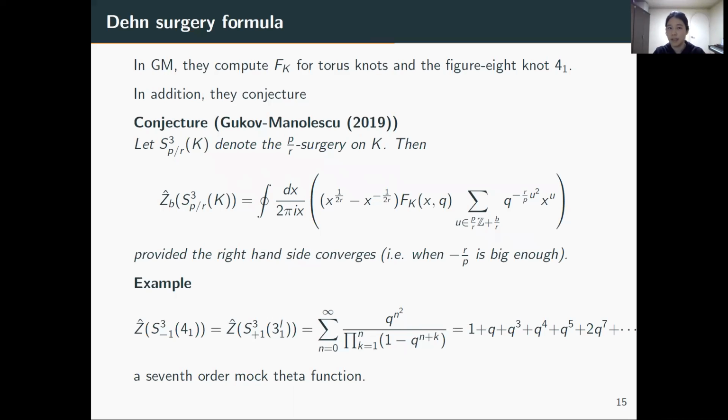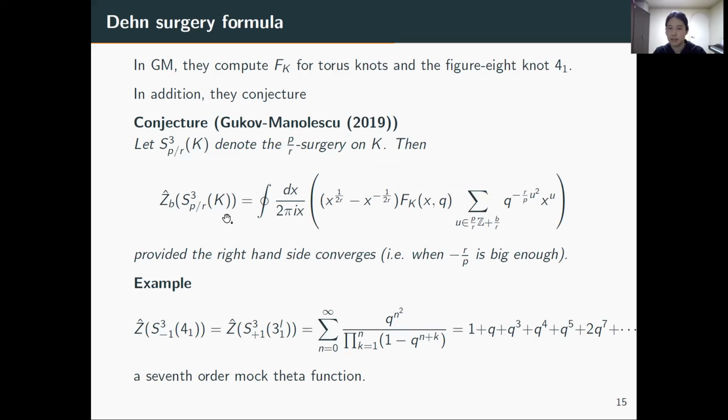In addition, they conjecture the following surgery formula. Let S^3_{p/r}(K) denote the p/r surgery on K. Then there's this formula for the Z-hat of the corresponding Dehn surgery three-manifold.